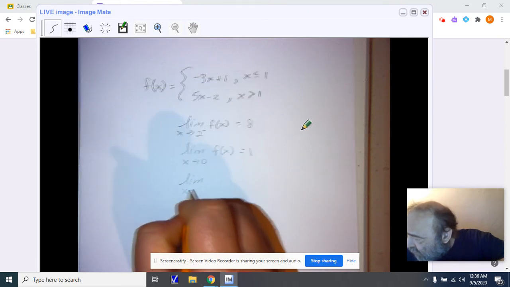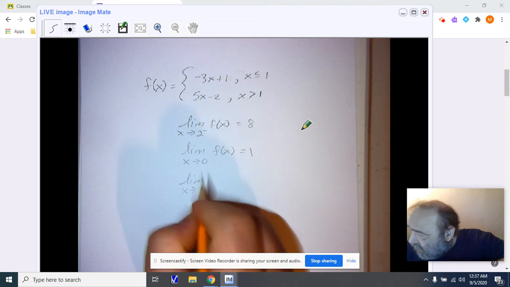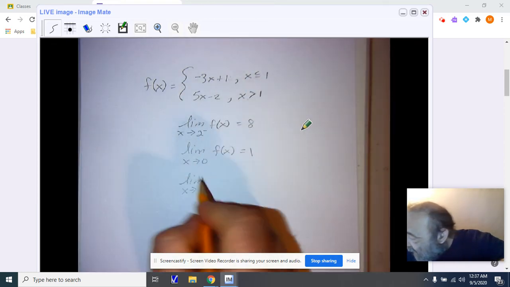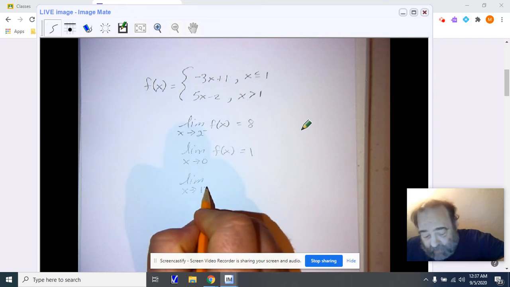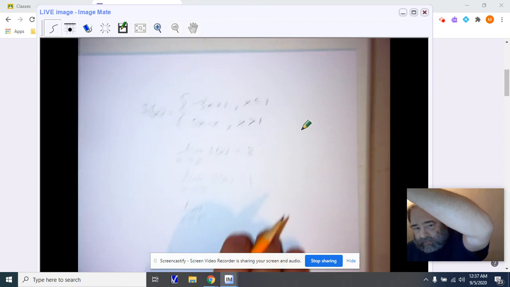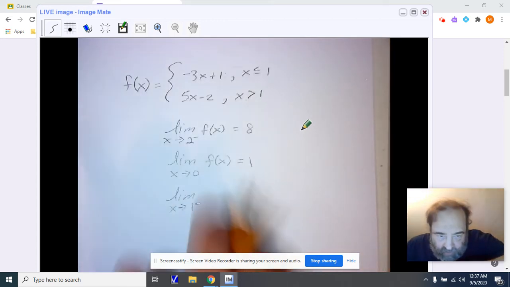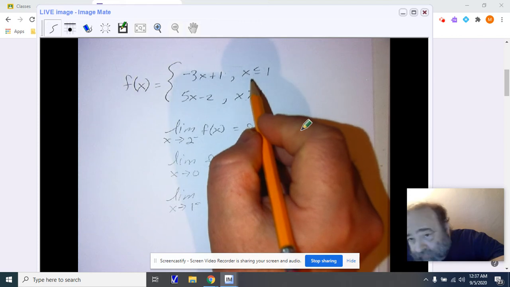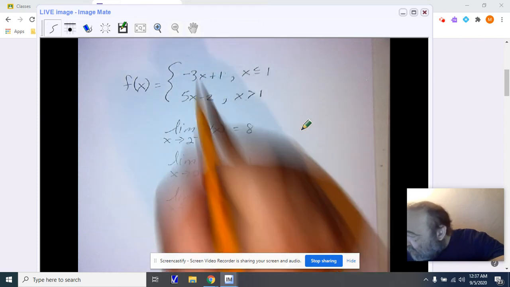Now, the one problem that we do have to be careful of is when we're looking at the limit as x approaches a specific value where the change in domain occurs. If they ask me to find the limit as I am approaching from the left, then what I need to do is make sure that I look at the smaller, the left side of 1, and then I plug it in.